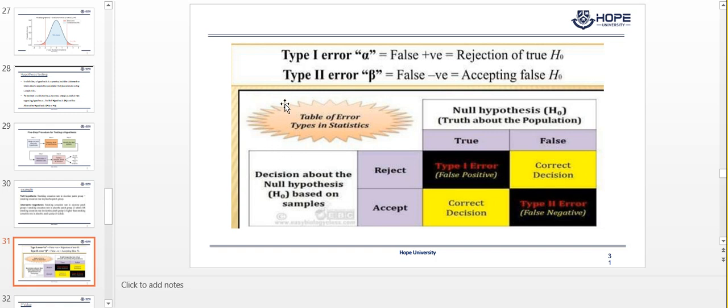For type 1 error, we should use alpha significance, which means false positive, which means we reject our true null hypothesis. If we get type 2 error, we use beta, which is accepting a false hypothesis.